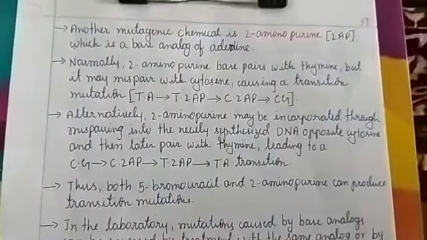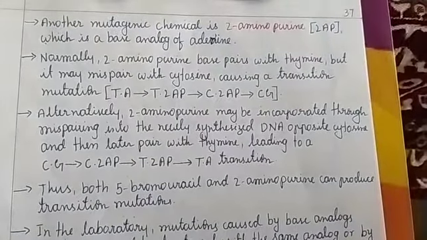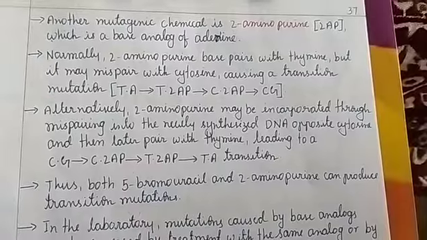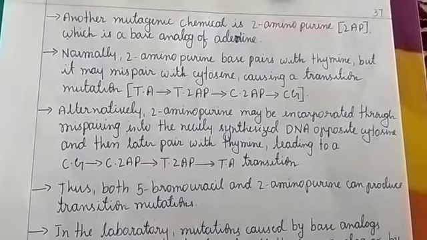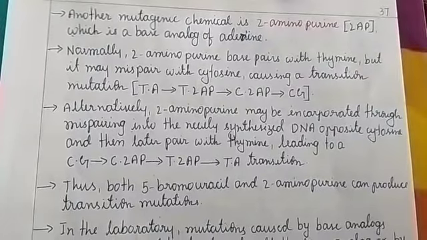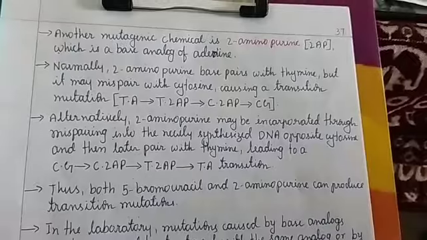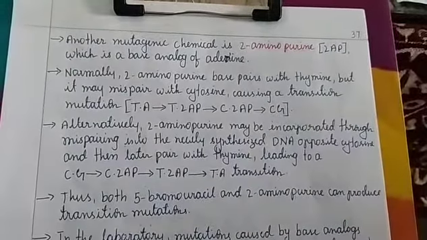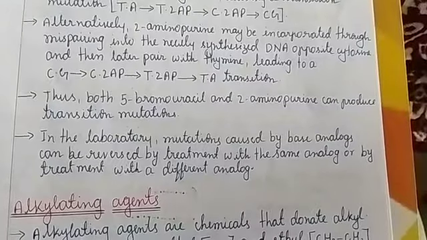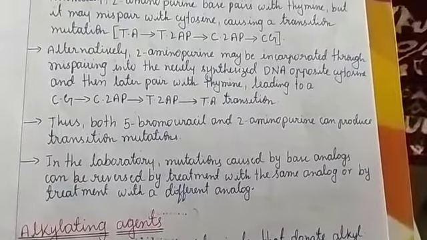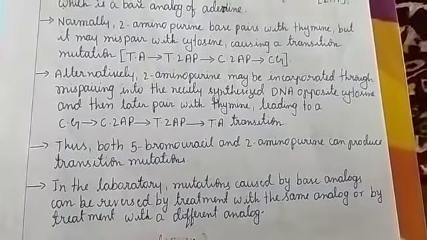Alternatively, 2-aminopurine may be incorporated through mispairing into newly synthesized DNA opposite cytosine and then later pair with the thymine, leading to a transition mutation. Thus, both 5-bromouracil and 2-aminopurine can produce transition mutations. In the laboratory, mutation caused by base analogs can be reversed by treatment with the same analog or by treatment with a different analog.